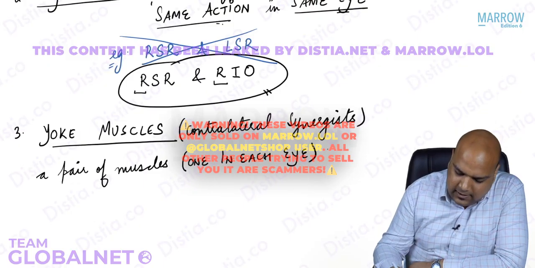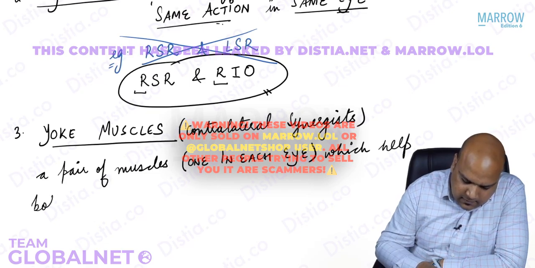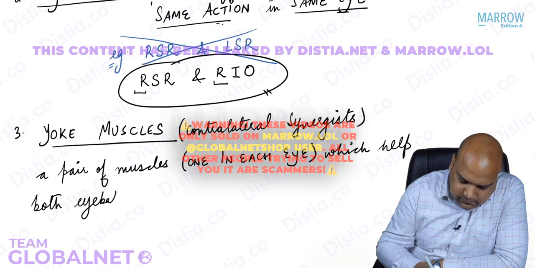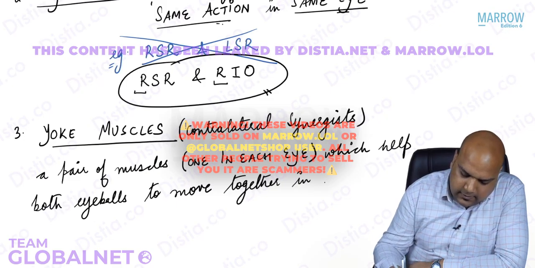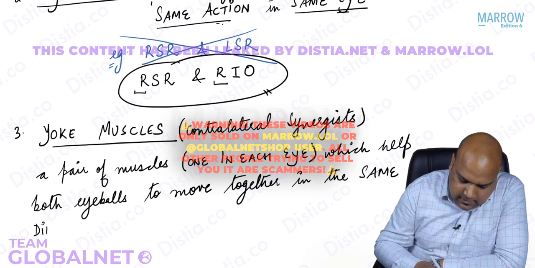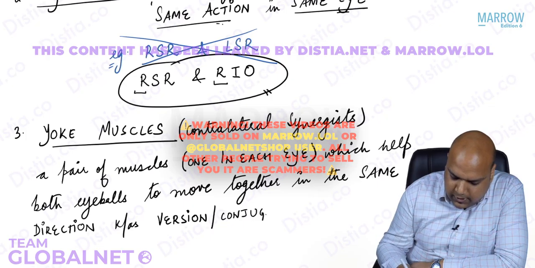A pair of muscles, one in each eye, which help both eyeballs to move together in the same direction, which is known as version or conjugate movement.